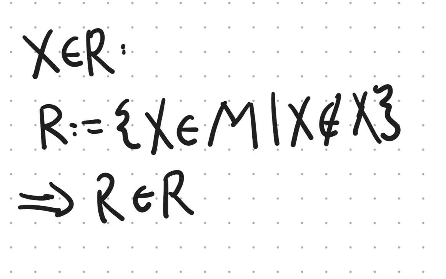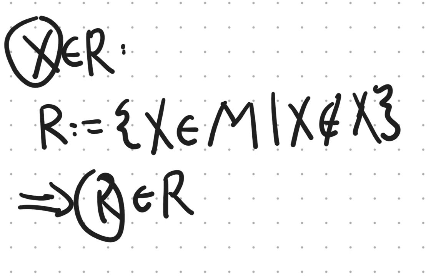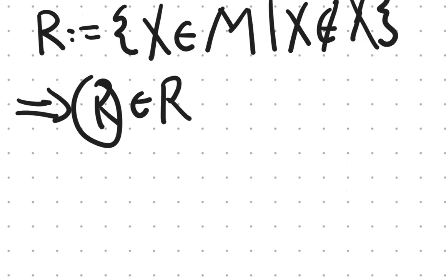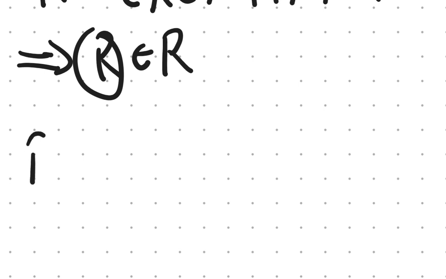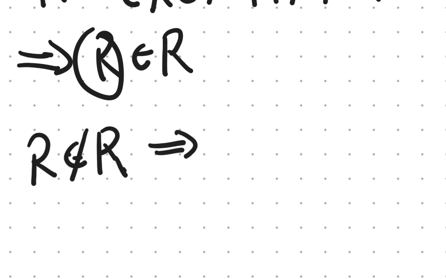Since if we put X to be R, then we have R element of R. So now we have proven that if R is not an element of R, it implies that R is an element of R.